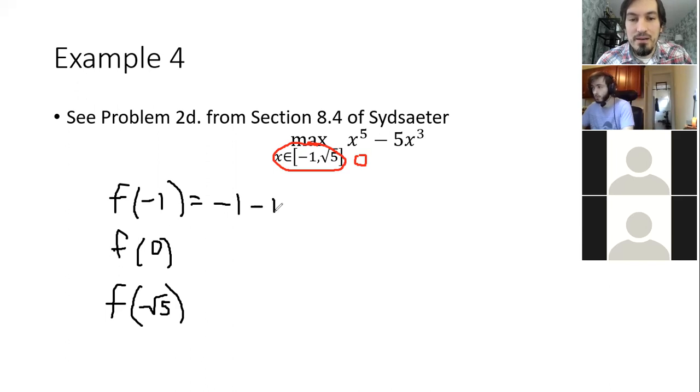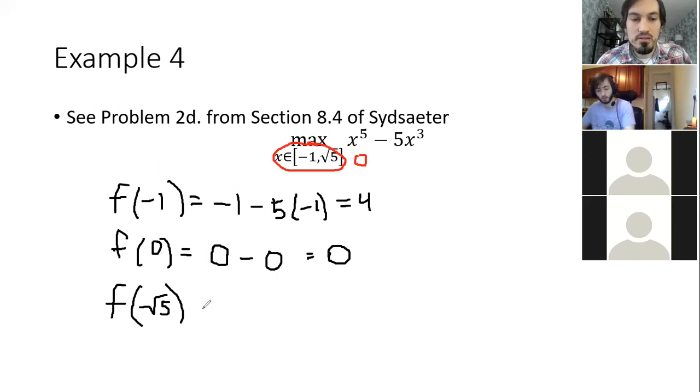Minus 5 times -1 to the 3rd power, which is also -1. So that is equal to -1 minus 5 times -1, which is actually 4, if I did it right. You guys agree? Doing all this math right here on the spot. This one's easy. 0 minus 0 equals 0. Okay, so far -1 is the winner. It's got 4. 0 is 0.